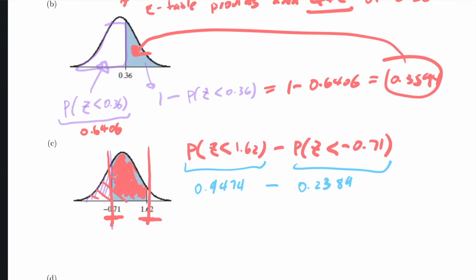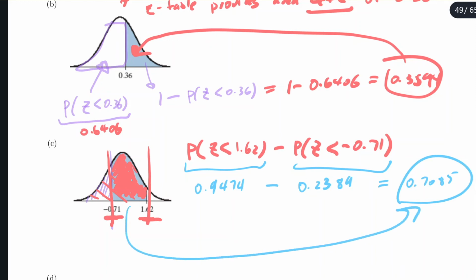And then we subtract these two, we get 0.7085. So that's this area right here. Again, this means the probability of selecting one data point between negative 0.71 and 1.62 is 0.7085. Or the proportion of the data between these two values is 0.7085.